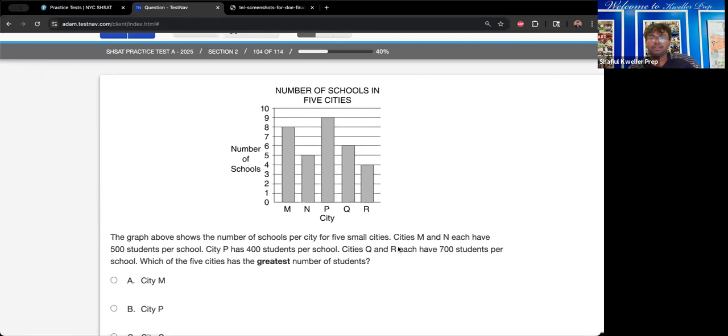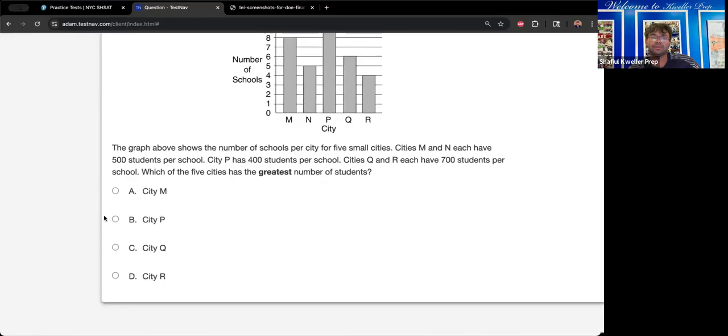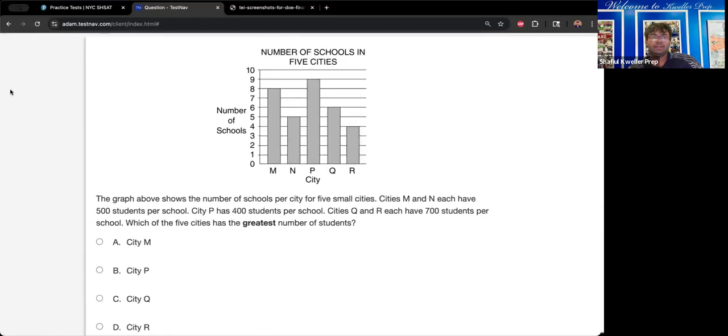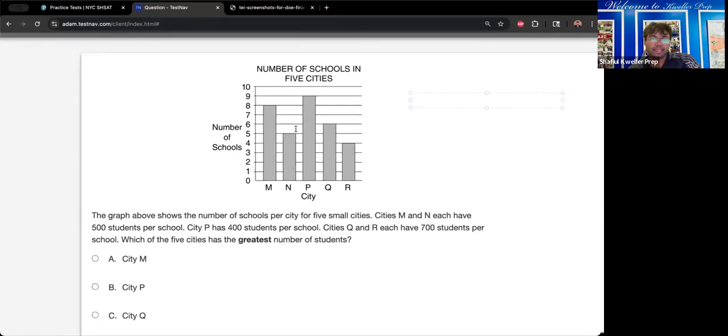M has 8 schools and each school has 500 students. N has 5 schools. Each school has 500 students. So obviously N is going to have less.